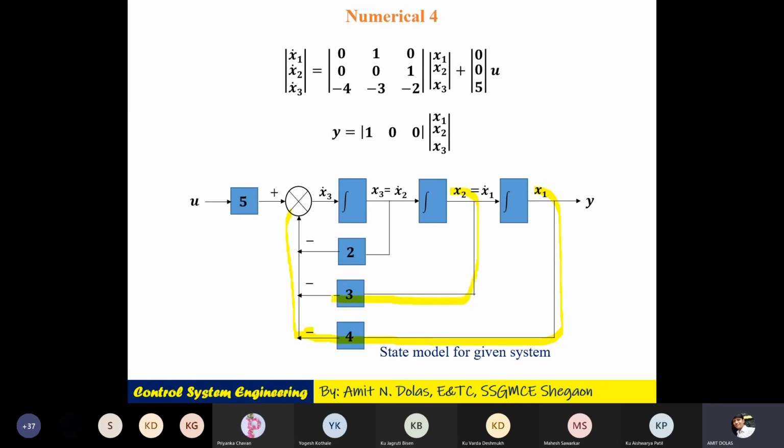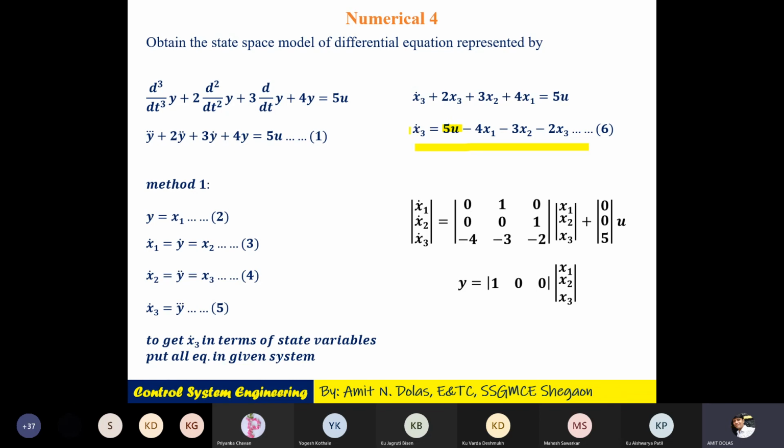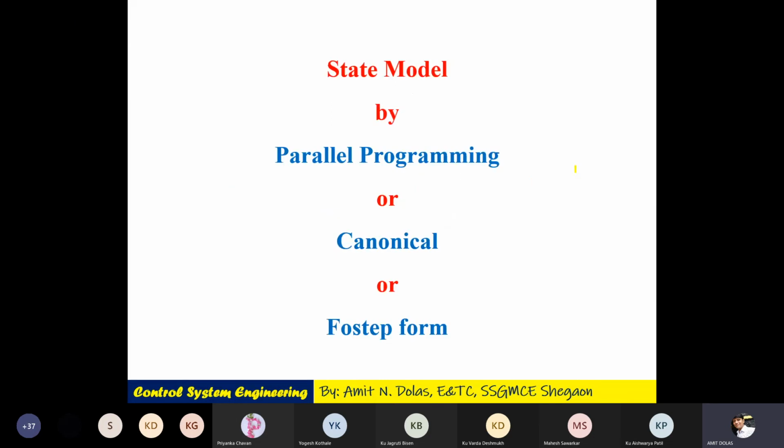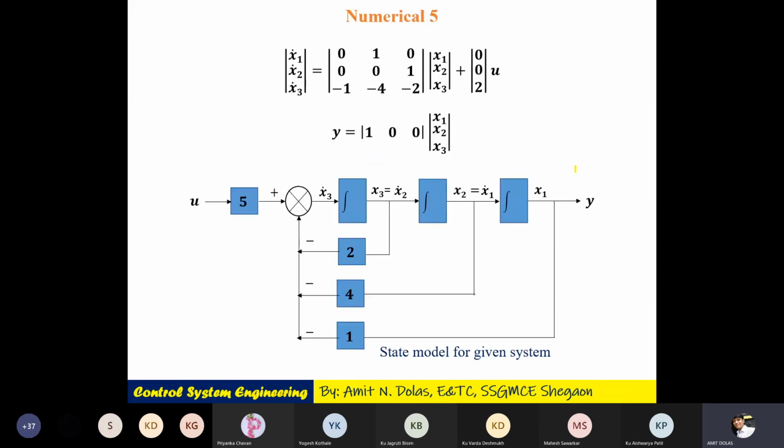From x2 a line comes out with constant 3 and a minus sign, 3x2, minus 2x3. So this point will give you the complete equation, that is x3 dot is equal to 5u minus 4x1 minus 3x2 minus 2x3. So this is the equation, numerical number 5.